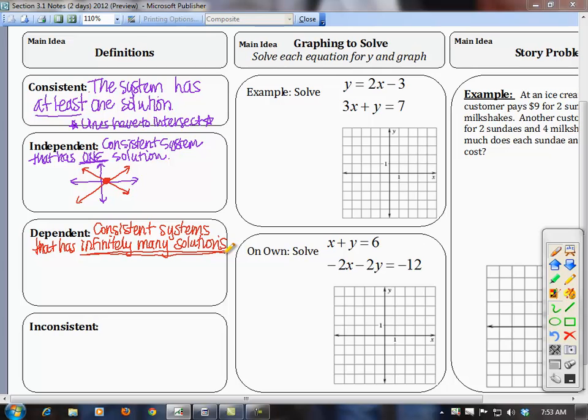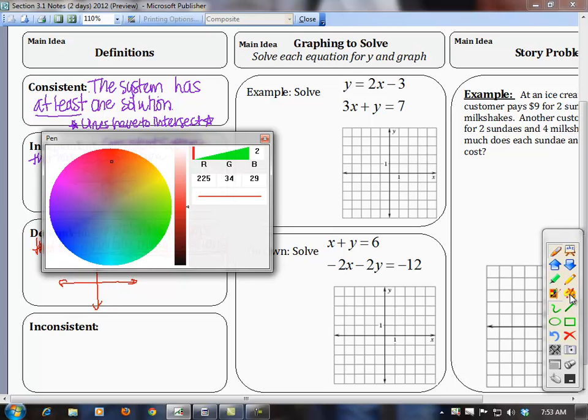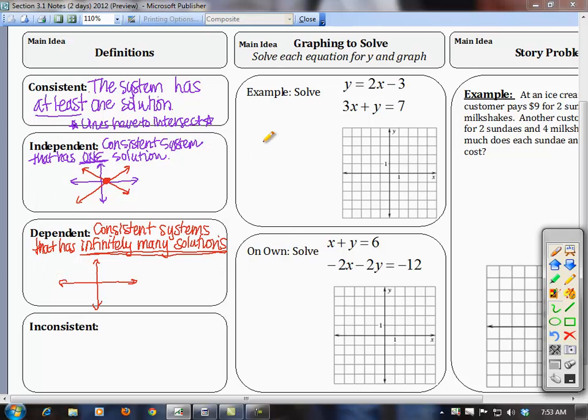What that means in terms of a picture is if I draw my graph, I'm going to change colors again so you can see my picture. When I graph the first line, let's say the first line looks like this, when I graph the second line, I end up graphing exactly the same line.